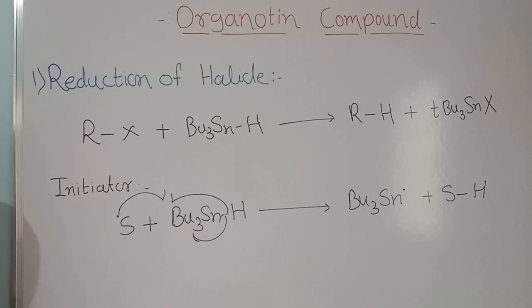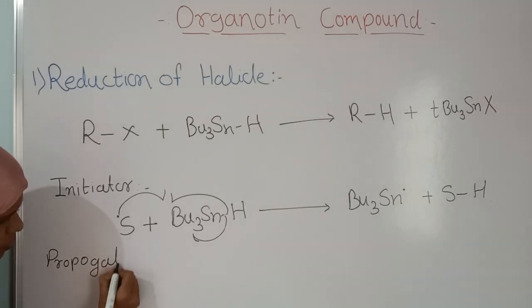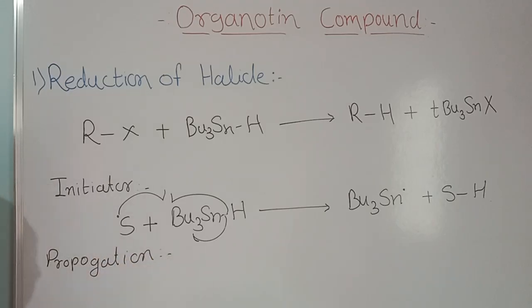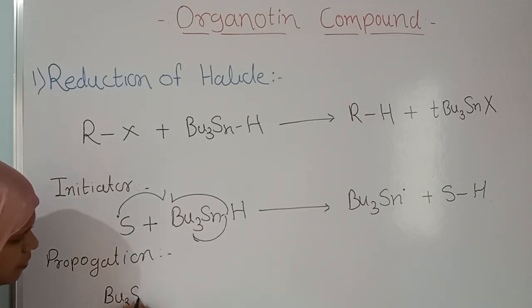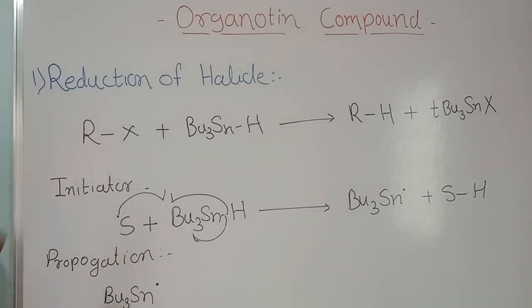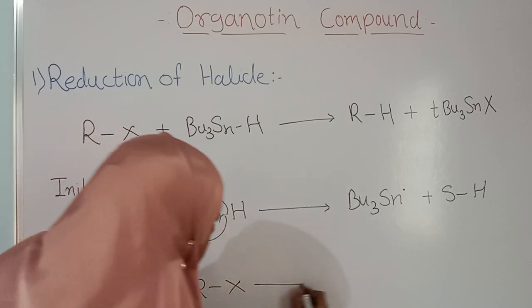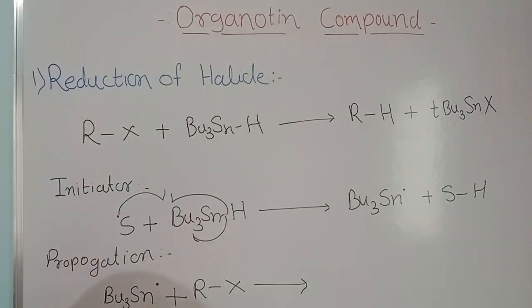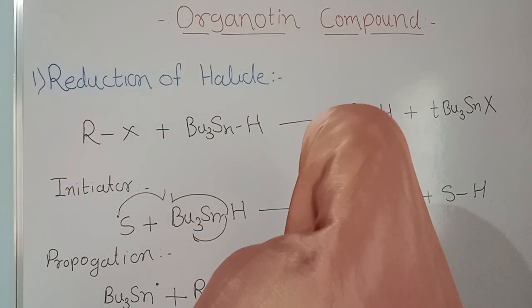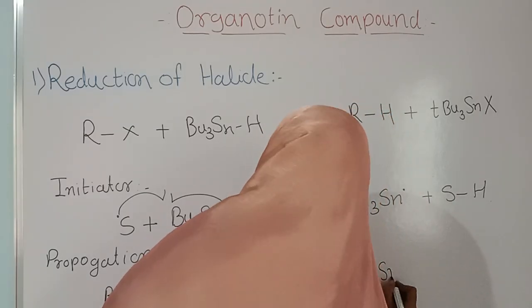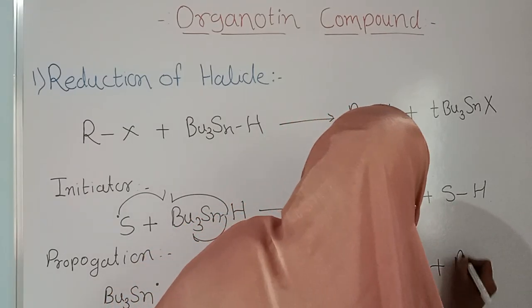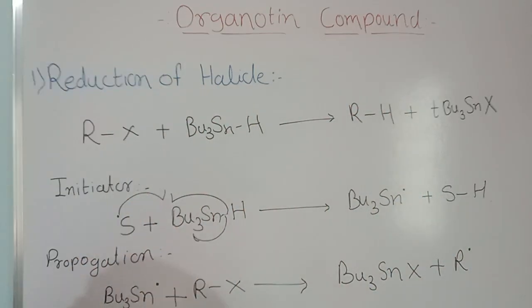Then the next step, propagation. In propagation, what will be formed? This tributyl tin radical reacts with the halide. Then we get an R radical.